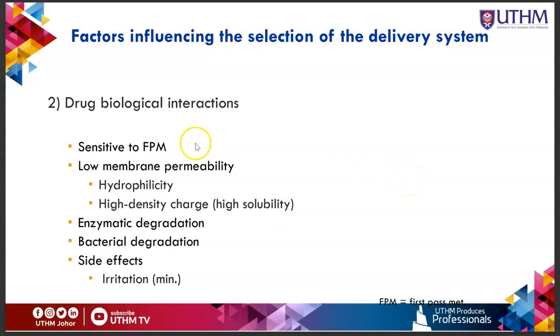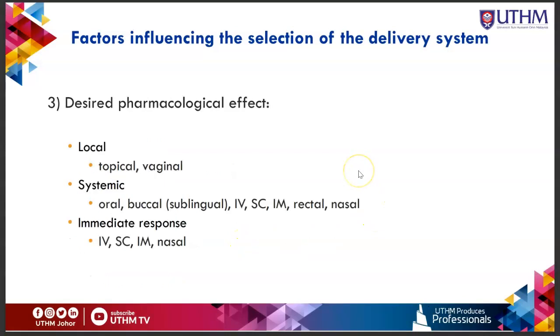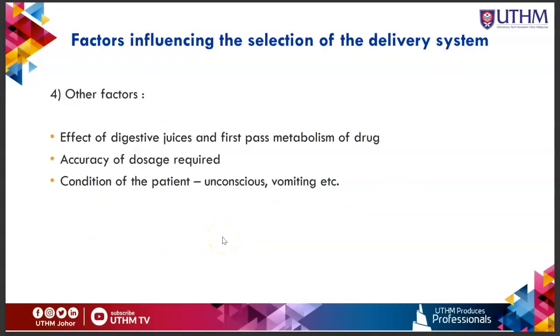Then we are looking at the drug biological interactions, whether or not the drug is sensitive to first pass metabolism, low membrane permeability, enzyme degradation, bacterial degradations, and other side effects. The third factor is the desired pharmacological effect, whether you want it to be local, or systemic, or immediate response.